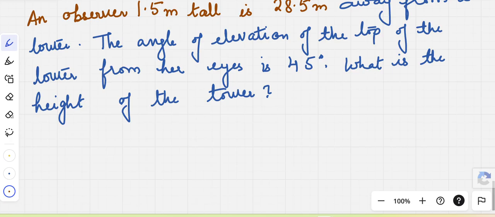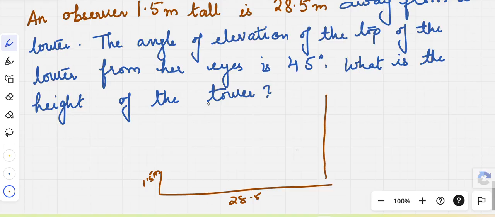An observer who is 1.5 meter tall. This is my observer, 1.5 meter tall. He is 28.5 meters away from a tower. So this is the tower.